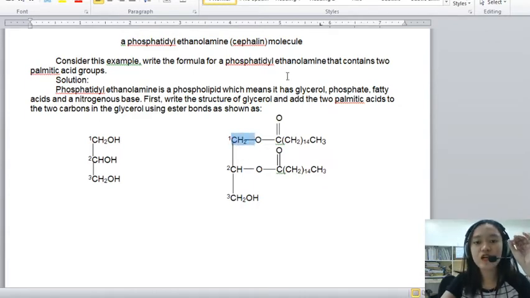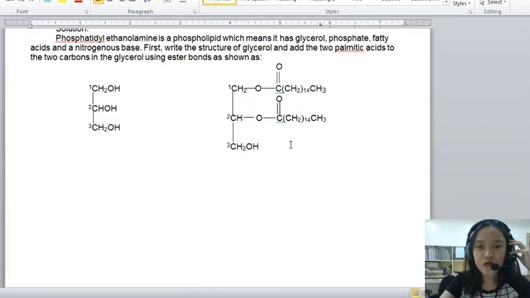So, yan yung ester bonds natin. Ito yung structure. Sample ng structure niya. So, ayan, dinikit mo na yung two palmitic acid structures. Okay? So, meaning in this reaction, you've removed two water molecules.